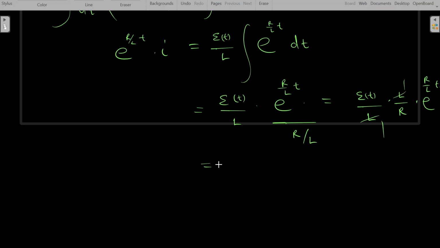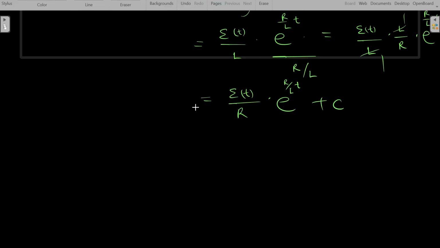I should get my answer as e as a function of t divided by r multiplied by e raised to r all over l, not t. So it should be r upon l t, plus a constant of integration c.